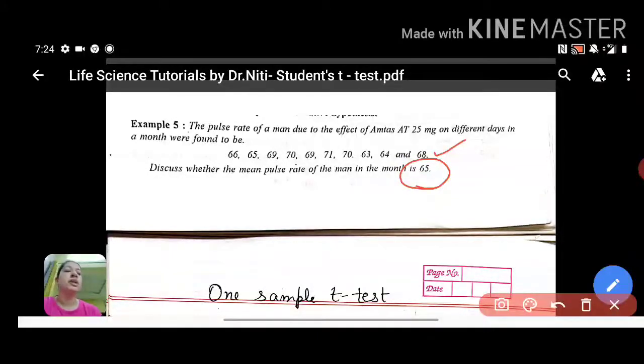We have to find out whether there is a significant difference between the mean of this sample and the population mean. So this is an example of one sample t-test, and in this case you can see that the level of significance is not given to you, so you have to consider it as 5% or 0.05.